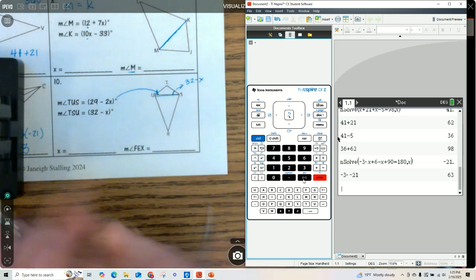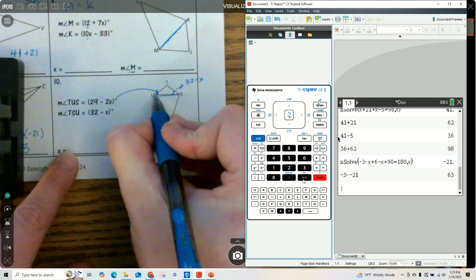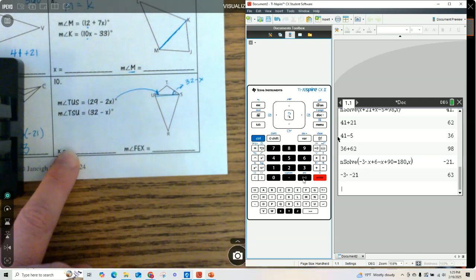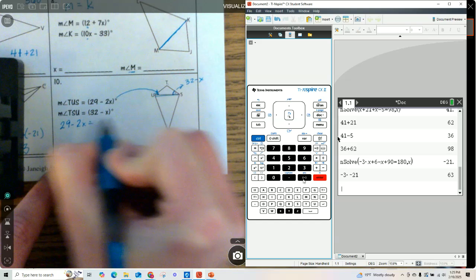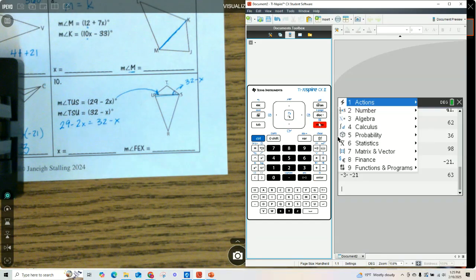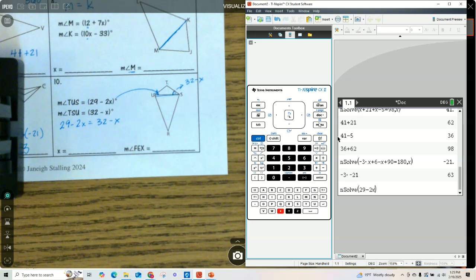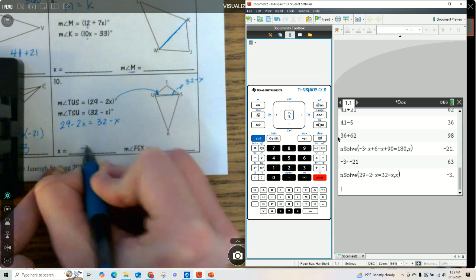Is this a short diagonal or a long diagonal? Short, which means this piece is going to equal that piece. So 29 minus 2x equals 32 minus x. So my x value is -3.